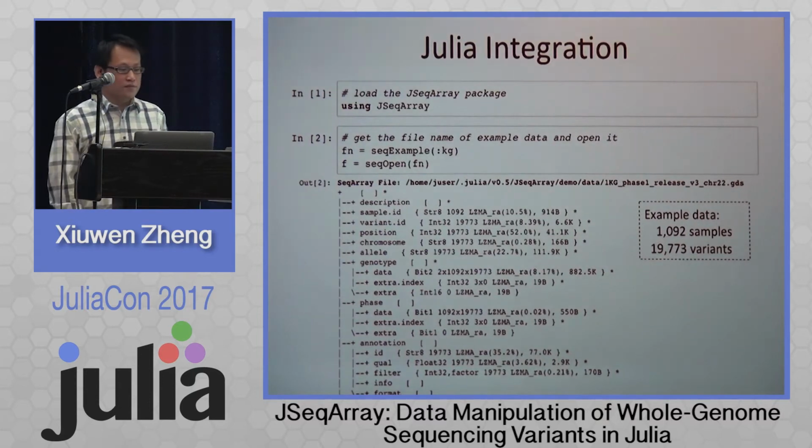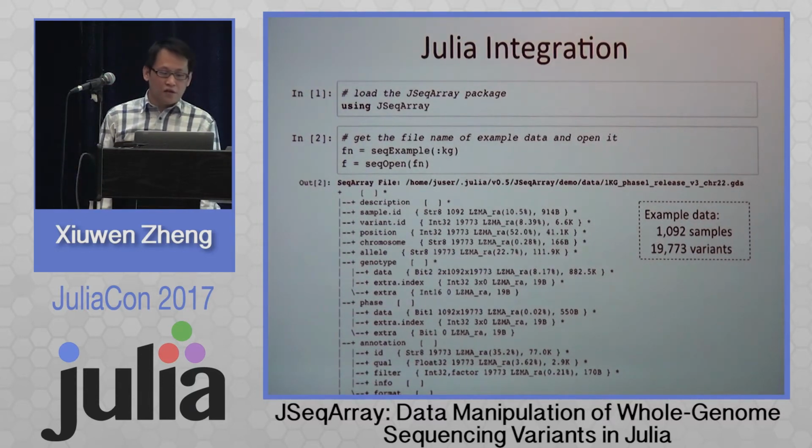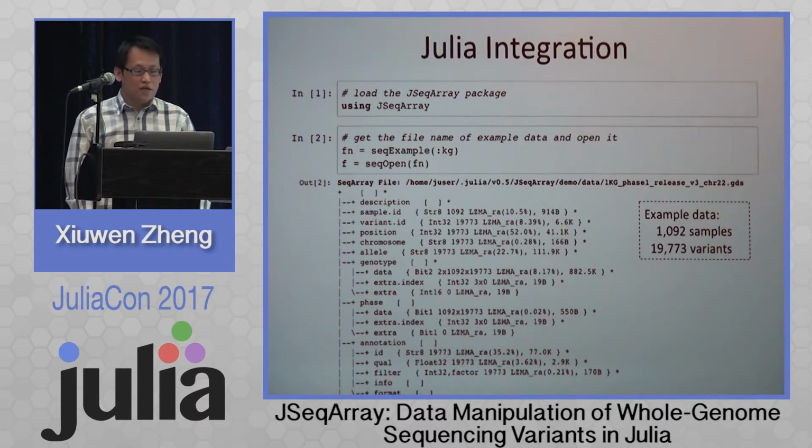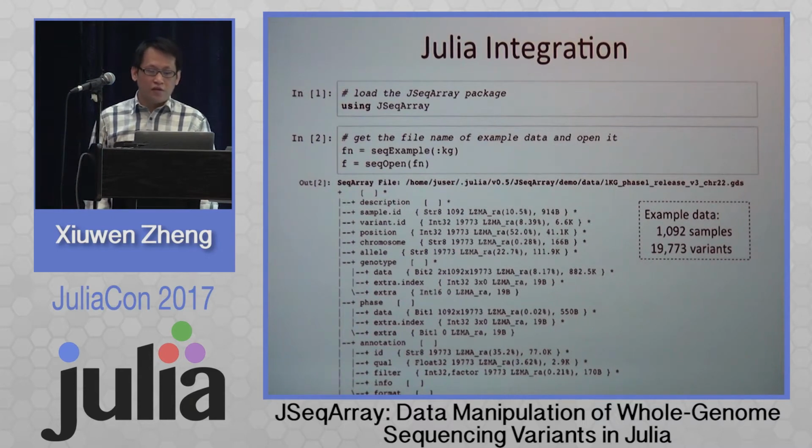Let me show you the script. At first, load the SeqArray package after you install the package from GitHub. seqExample is used to get the file name of example data, and seqOpen to open the file.